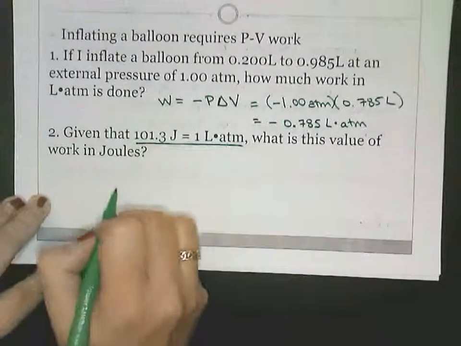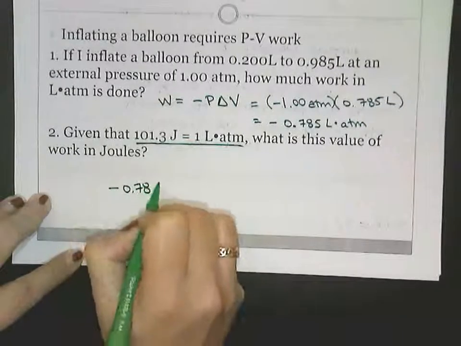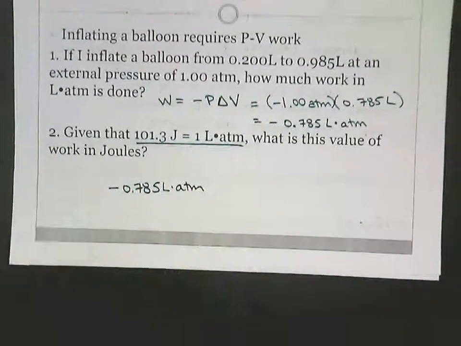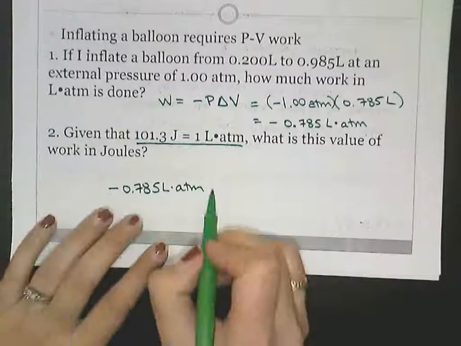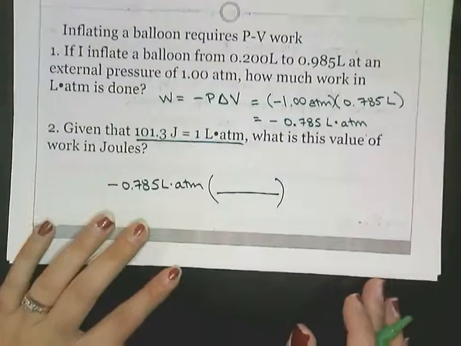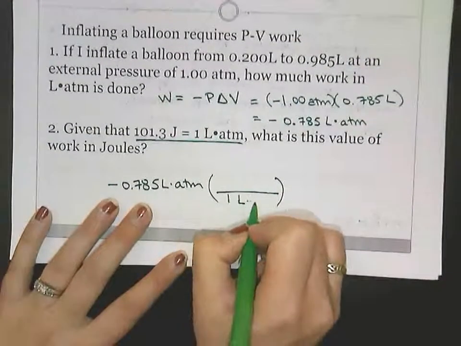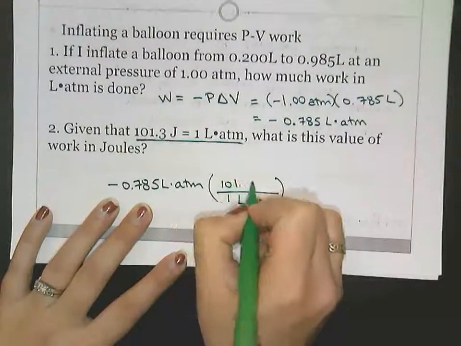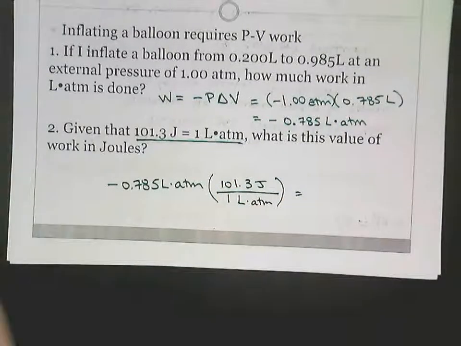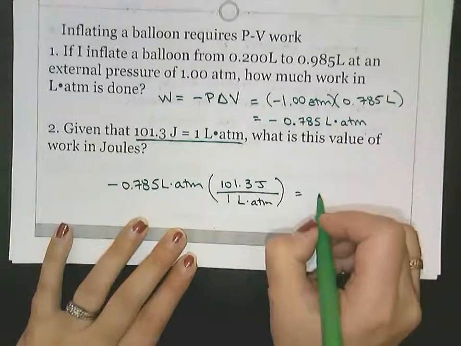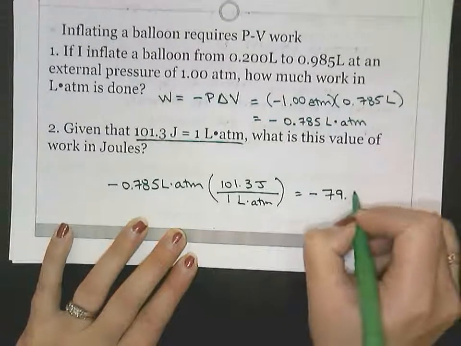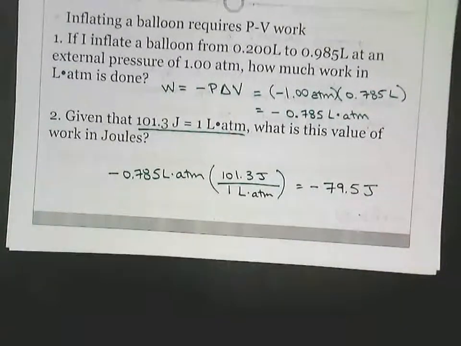So, if I have 0.785 liter atmospheres and I want to convert it to joules, all right, using my snazzy conversion factors, you get negative 79.5 joules of work.